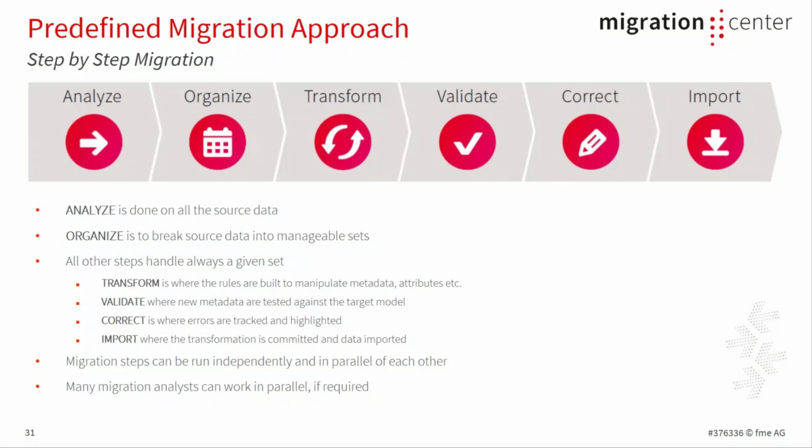For example, the data set has clinical documents, safety documents, contracts, SOPs, or whatever it may be. In that analysis phase, we put that in an organized bucket where we break it into these manageable sets. We call those migration sets.